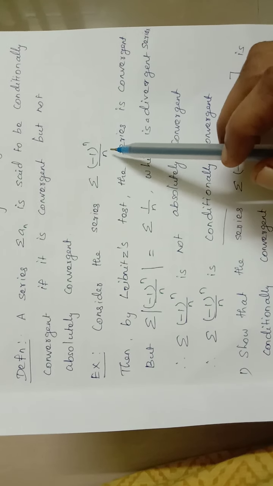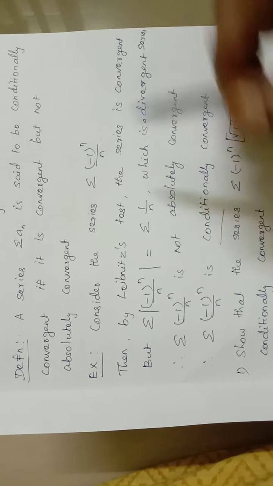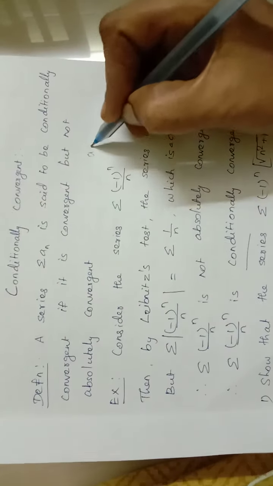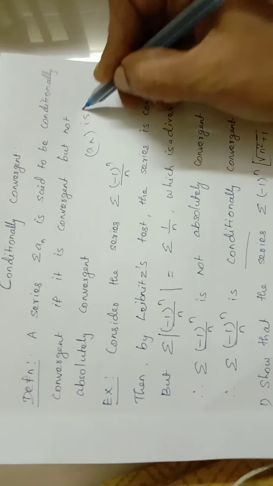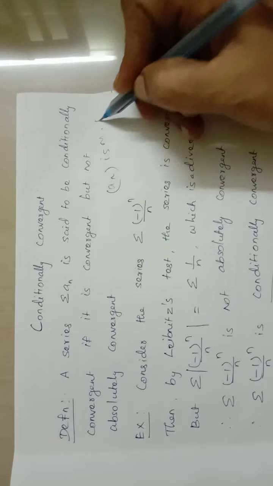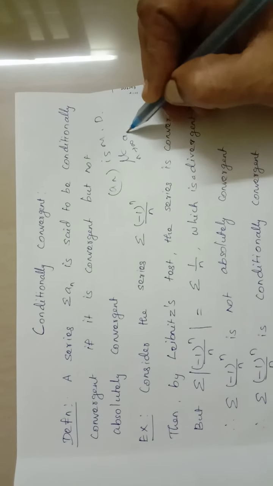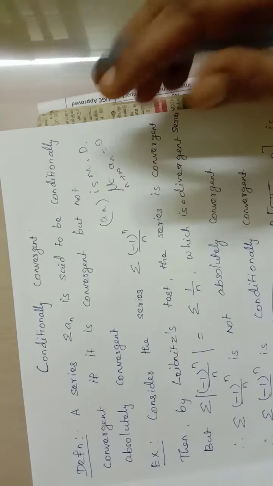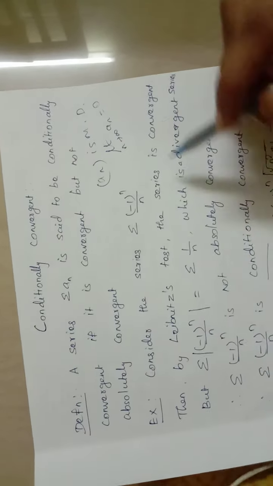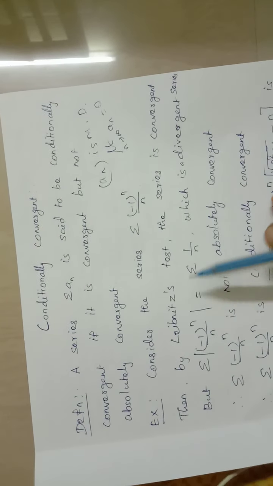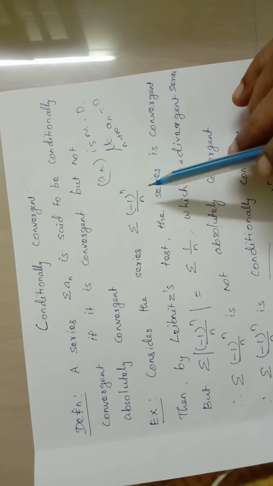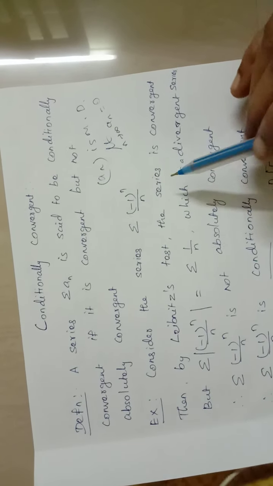One is an should be monotonic decreasing, and limit n tends to infinity an equal to 0. If these two conditions are satisfied, then by Leibniz's test the alternating series must be a convergent series.